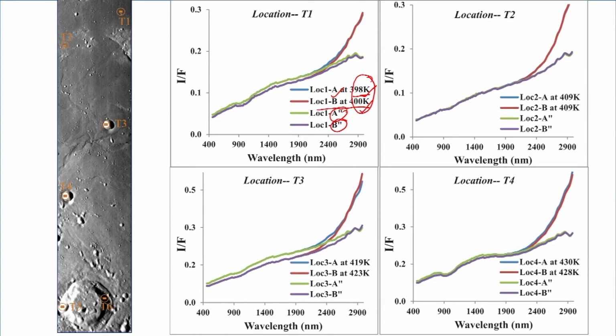For location T2, again this is 409 Kelvin, here 430 and 28, here you have 419 and 423. So that is how you can derive the information about the temperature, and you can correct those temperatures in your reflectance spectra measured or identified using this M cube data.